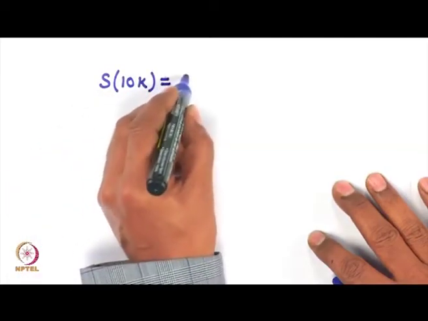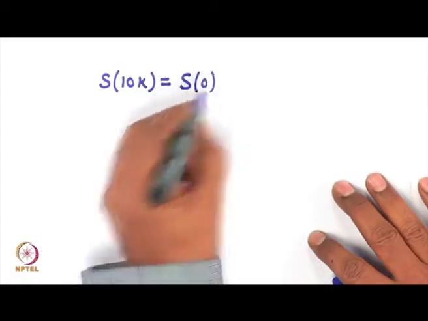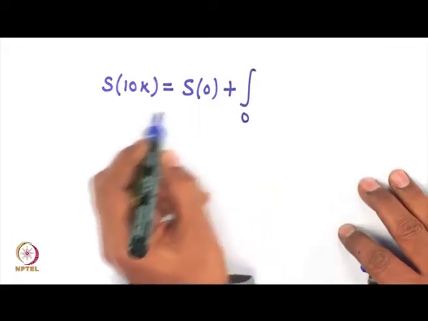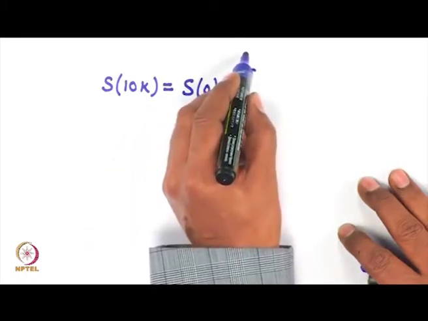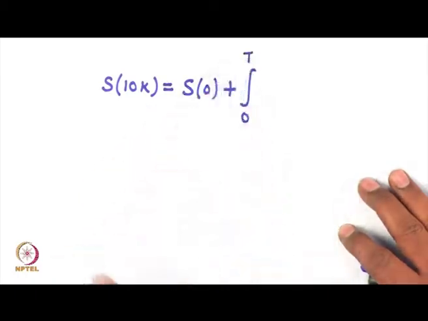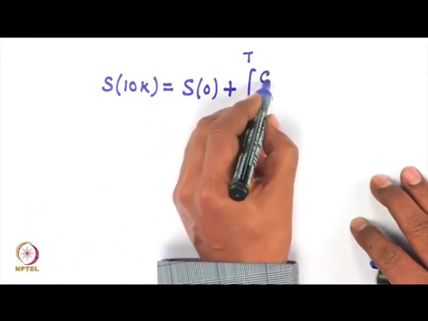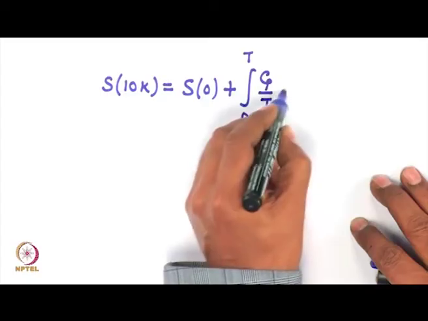I will write entropy at 0 plus the integral from 0 to T, where T I will put 10 later on, of Cp by T dT.